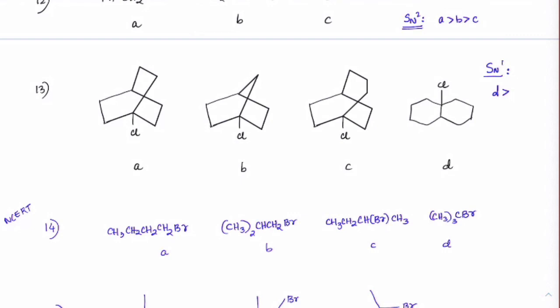And in A, B, C, suppose the carbocation is forming here, in the first case, second case, third case. If you check, this has a smaller ring size, correct? This has a 5-membered ring. This has a 6-membered ring, both 6-membered rings. While here this has a 6-membered ring as well as a 7-membered ring. Got it?